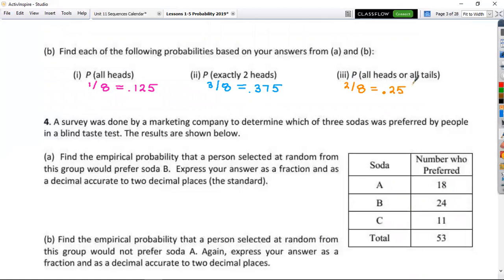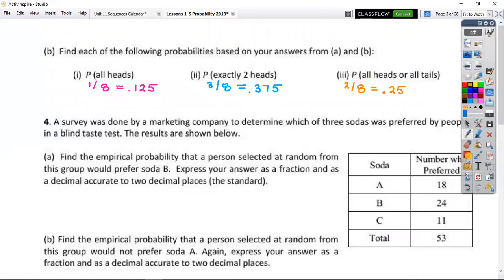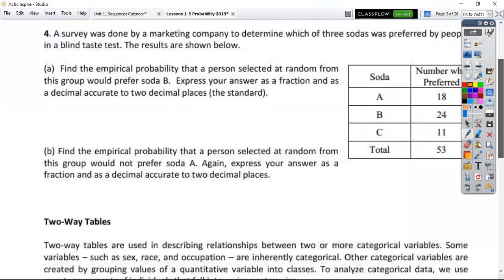Good. All right, so number 4. A survey was done by a marketing company to determine which of 3 sodas was preferred by people in a blind taste test. Results are shown below. The first term up here, and I know you have some exposure in the past to probability, is empirical probability.